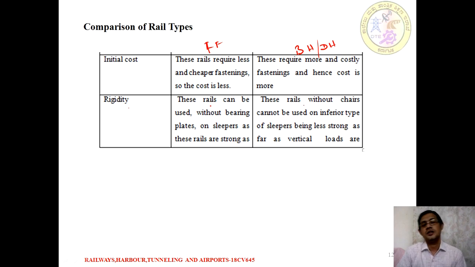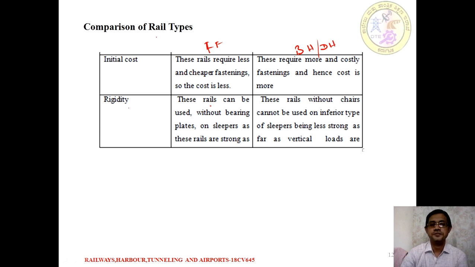The bull head and double head rails without chairs can be used on an inferior type of sleeper, which is going to be strong as far as the vertical loads are concerned. So these are a few of the comparisons that we can make with respect to different types of rail sections.